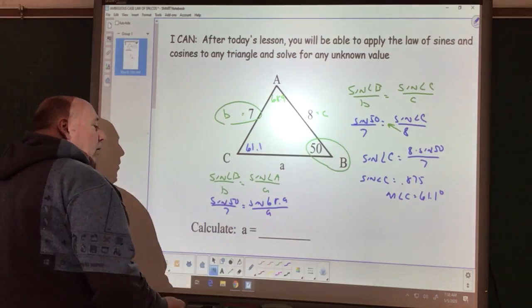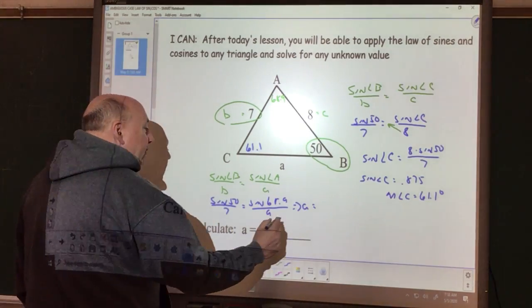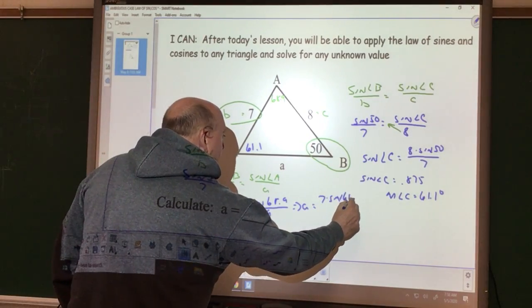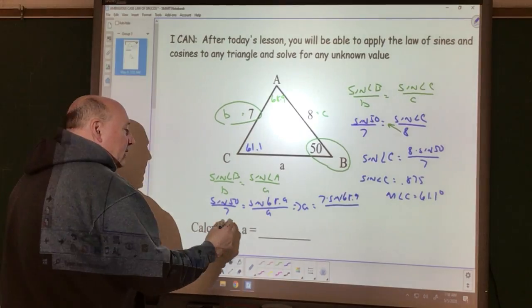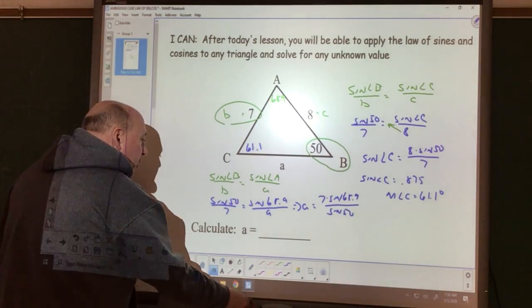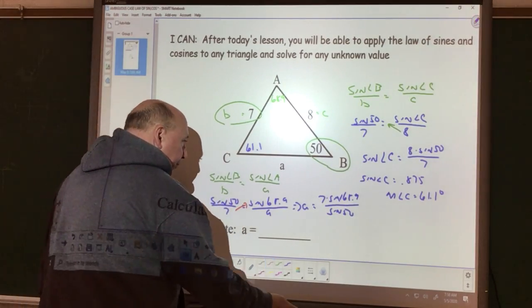Once again, cross multiplying and dividing, a would equal 7 times the sine of 68.9 divided by the sine of 50. Just cross multiplying, diagonal multiply, divide by the third value.